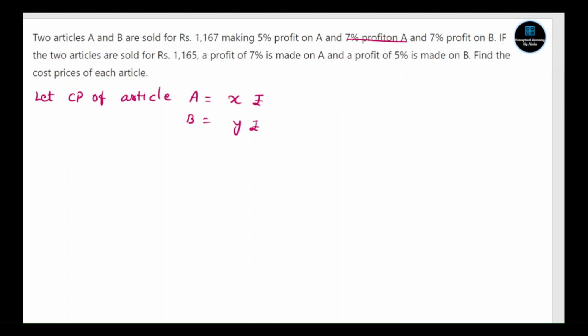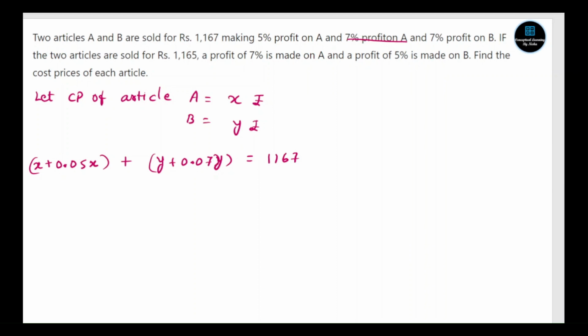So what I can say, x plus 0.05x because 5% profit, and this is on x, and now y, so y plus 0.07y, and this equals 1167, right? Now we have to simplify this and form equation 1.